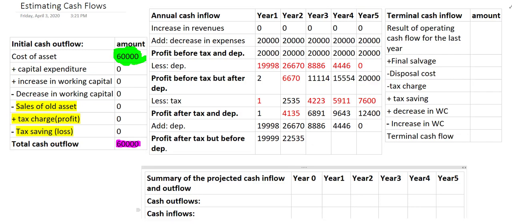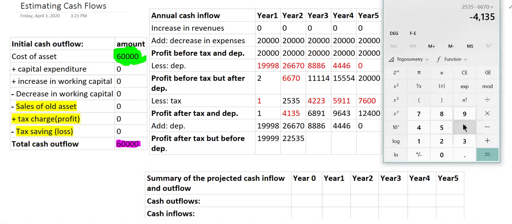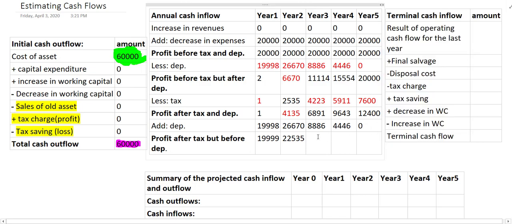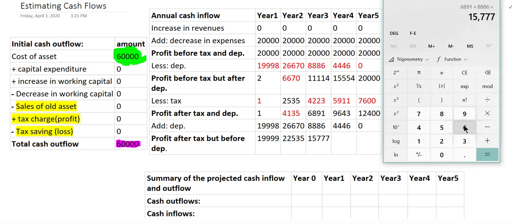Or let me calculate with the calculator here, right? So 6891 plus 8886, which becomes equal to how much? 15,777, right? Calculate for the next year as well.